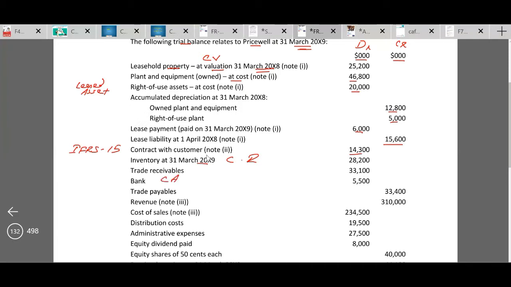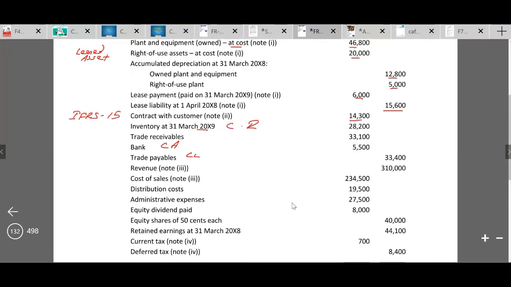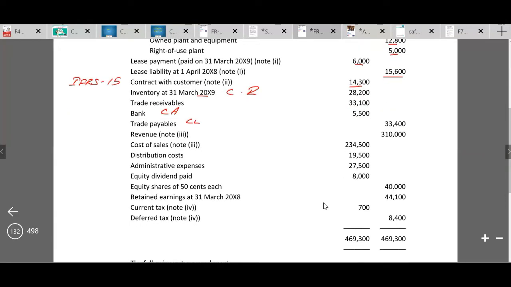Trade payables is your current liability. Revenue, there is a note number 3 for it, 3,10,000. Cost of sales is 2,34,500. Distribution cost 19,500. Administrative expenses, equity dividend paid, which is a reduction in the retained earnings.